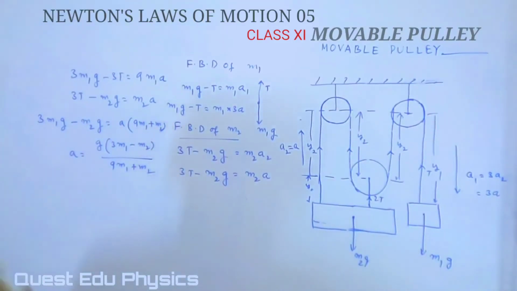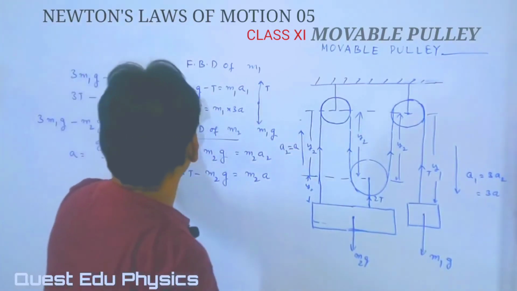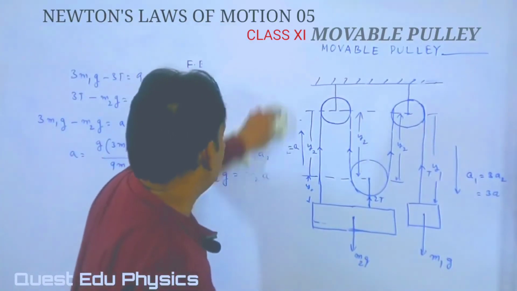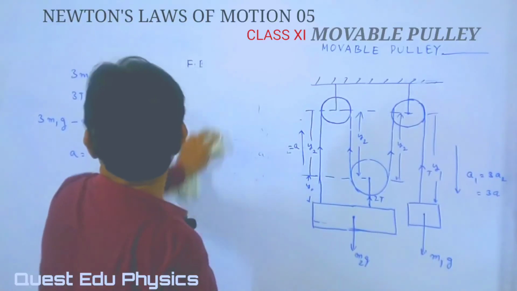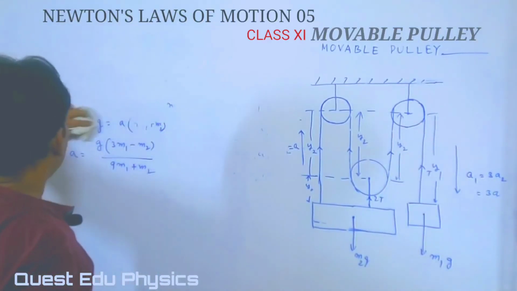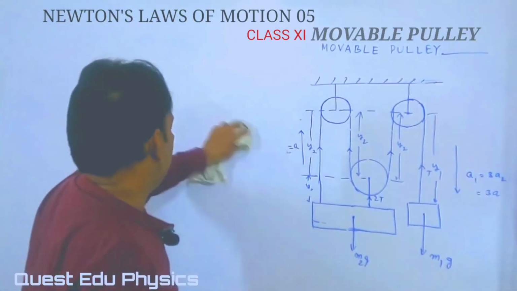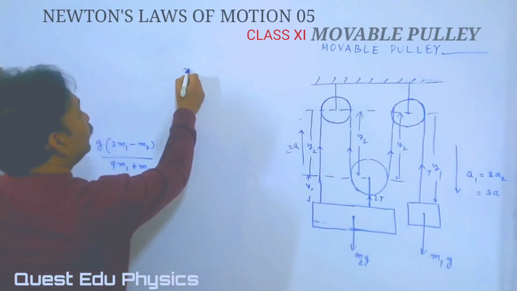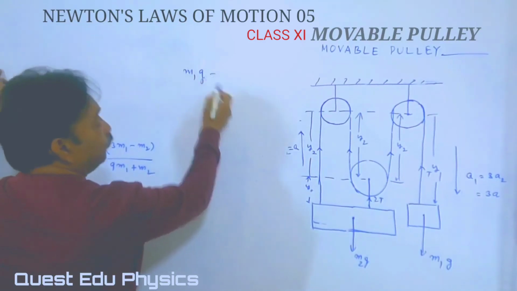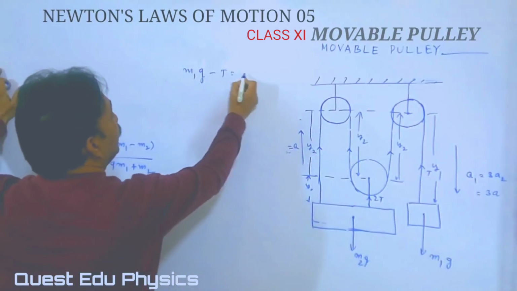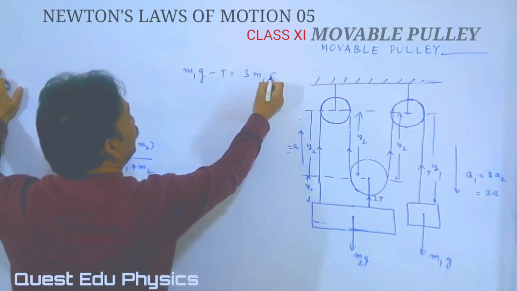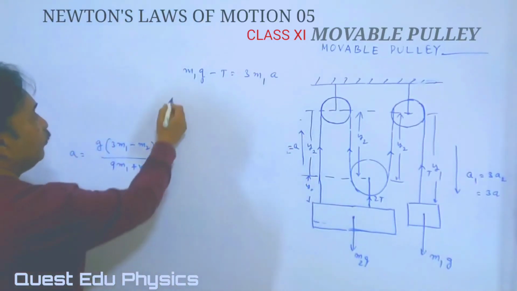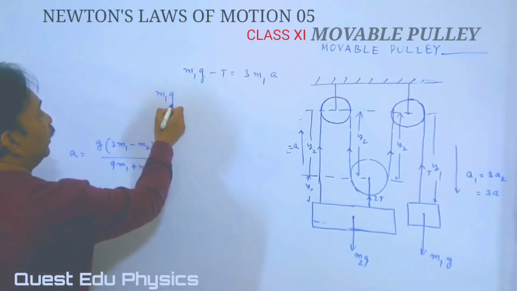Let's find the tension. Okay students, you know that m1g minus t is equal to 3m1 into a. Already we did this. We are substituting that value.